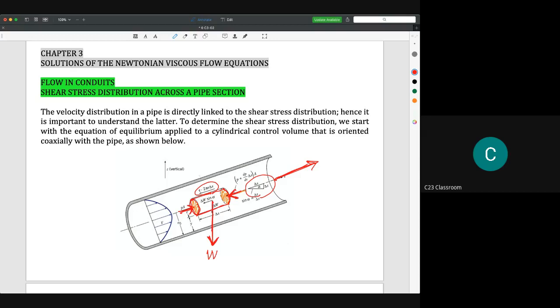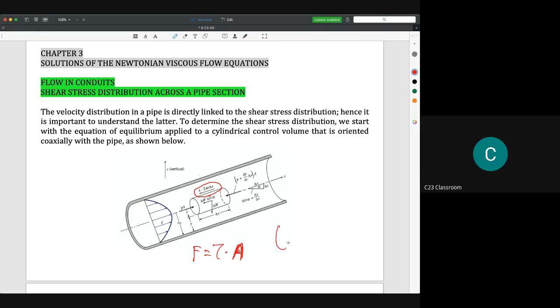The second one is that to calculate the shear stress here, we have force equal to tau times A. I hope you understand that we need to determine the correct area, because this area reflects the area where the shear stress acts.